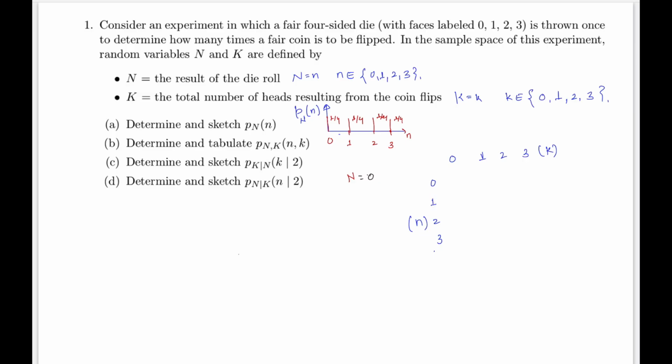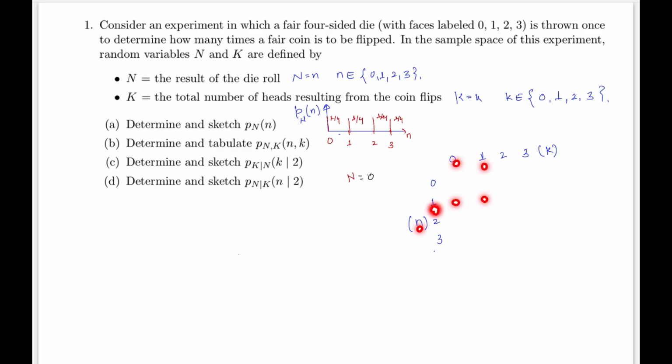Once, let's say, this random variable n takes the value 1, that means we will be flipping the coin once. So in that case k can take the value 0, and maybe k can also take the value 1, right?